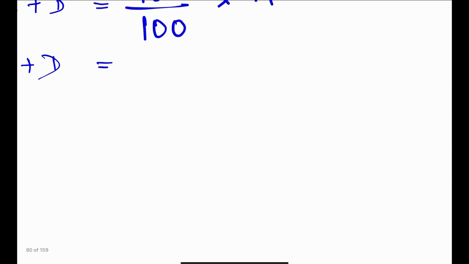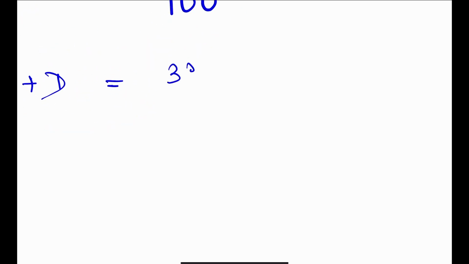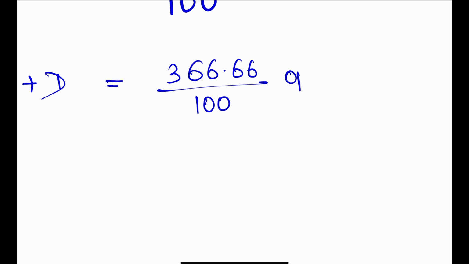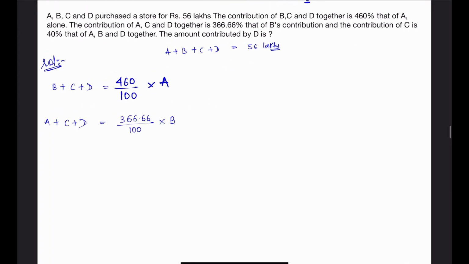So it is 366.66 by 100 multiplied by B. And the last one: the contribution of C is 40% that of A, B, D together.